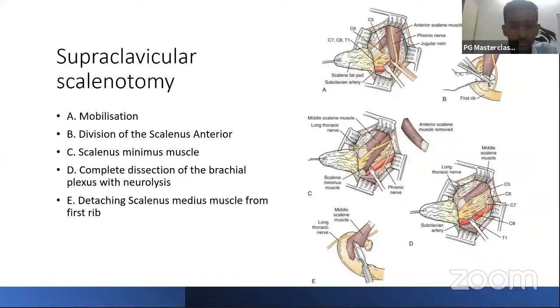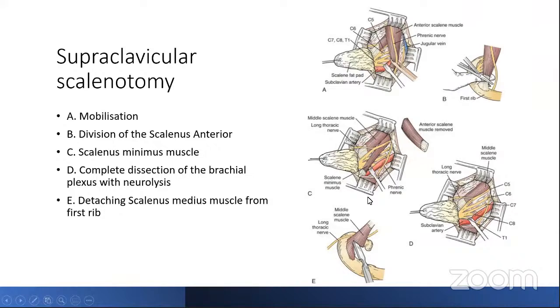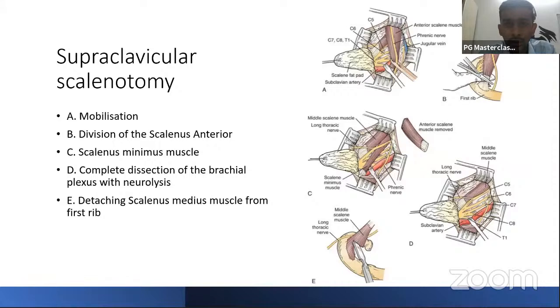When you cut the scalenus, which vessel do you have to take care of sometimes? The transverse cervical branch of the thyrocervical trunk is not shown here, but you should always be careful. The transverse cervical artery is a secondary branch from the subclavian. The problem will be, if you do not tackle it early, it will cause a very massive bleed, and in such a small field you are likely to injure vital structures.